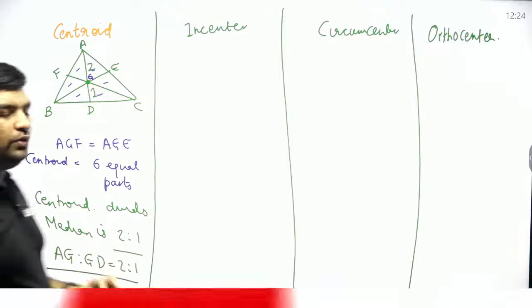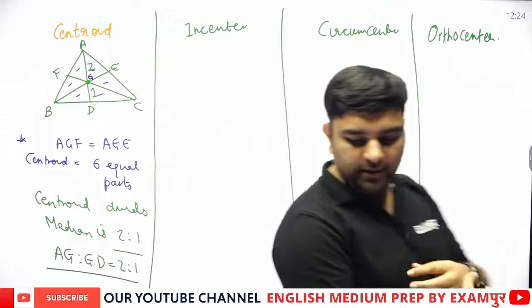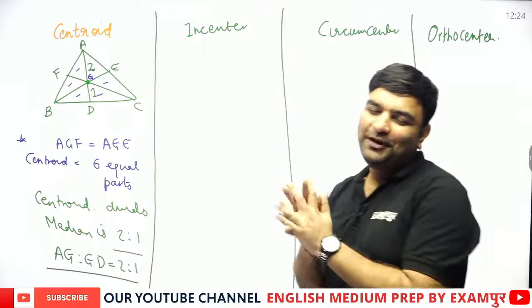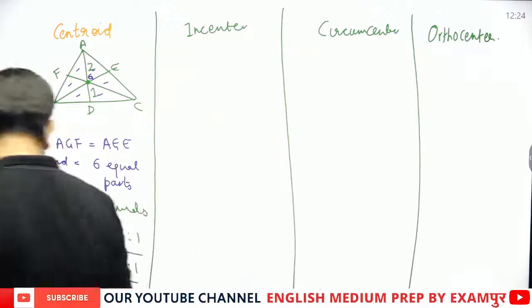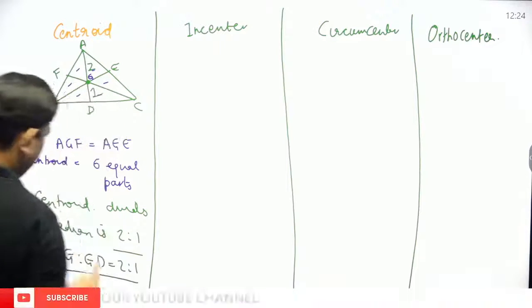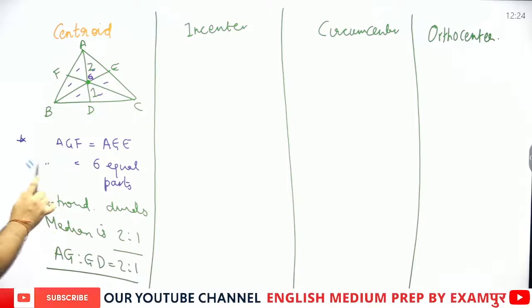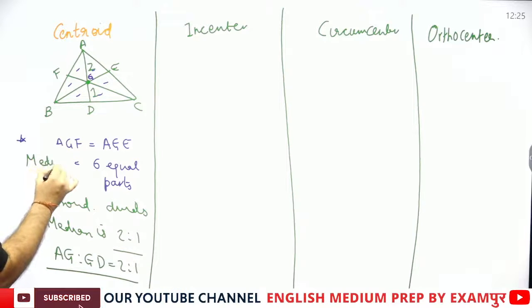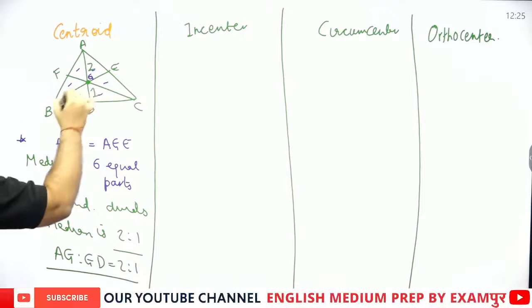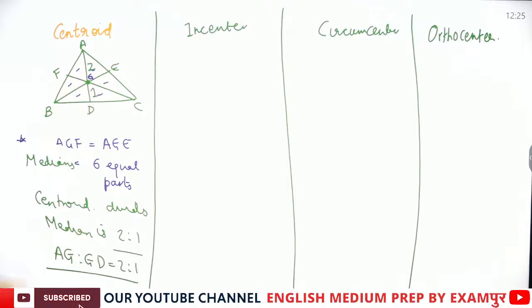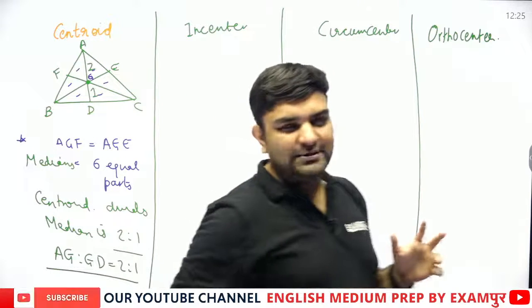So guys, we would be doing the basic properties of each. Medians. If you want to be very specific, you can call them medians, because these medians are dividing it.